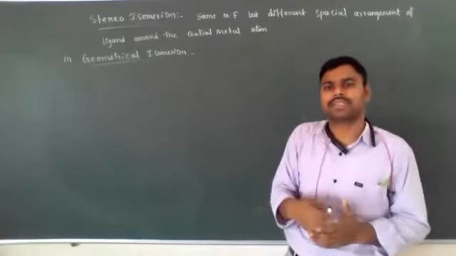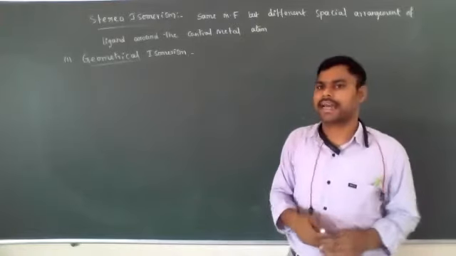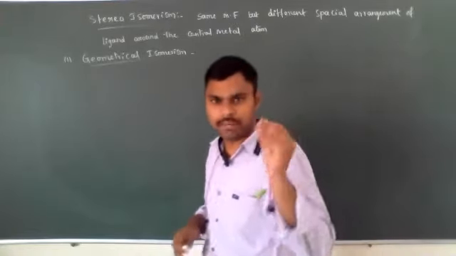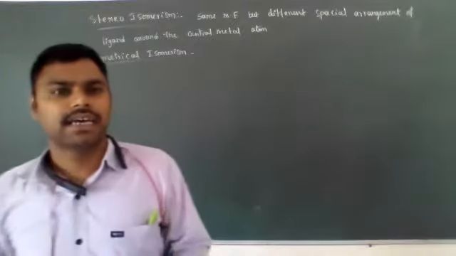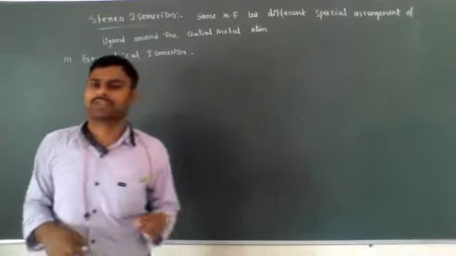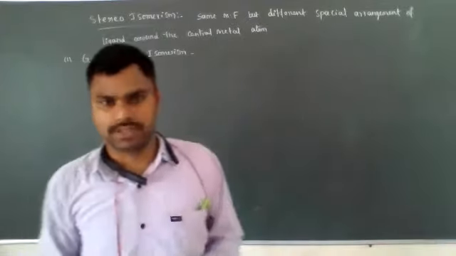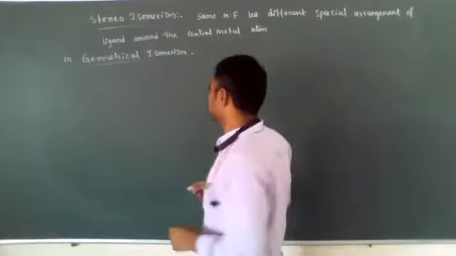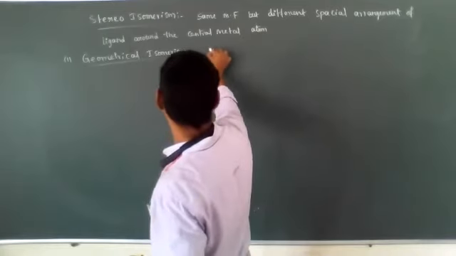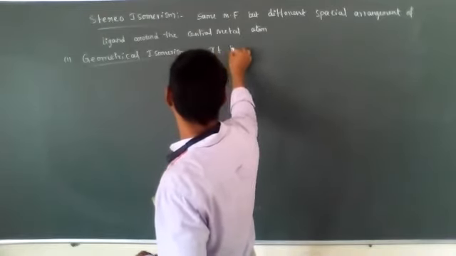If they are on the opposite side, it is called trans geometrical isomerism. Either geometrical isomerism or optical isomerism is mainly possible in heteroleptic complex compounds.